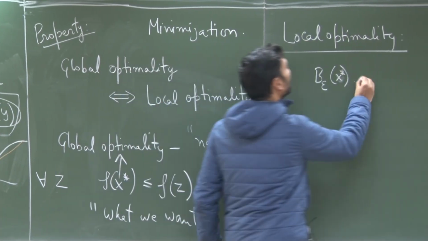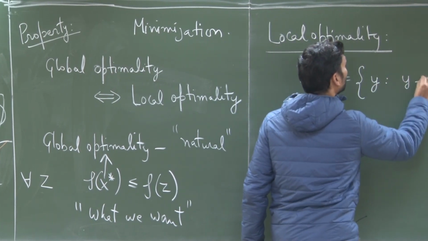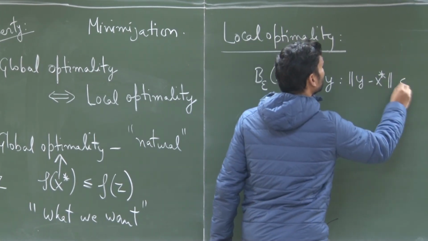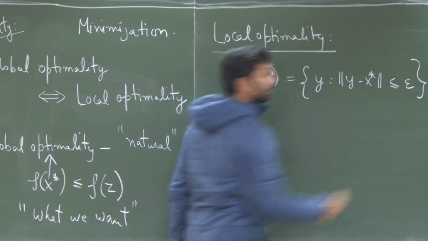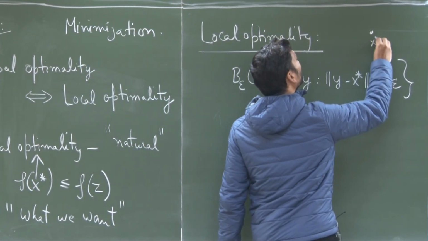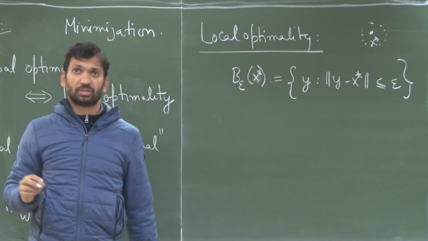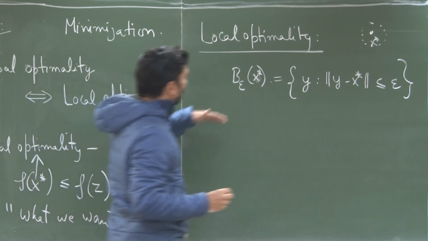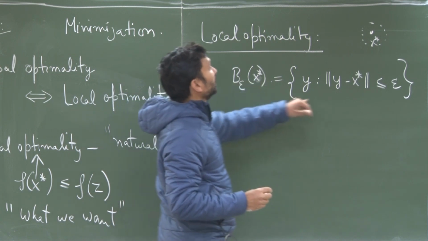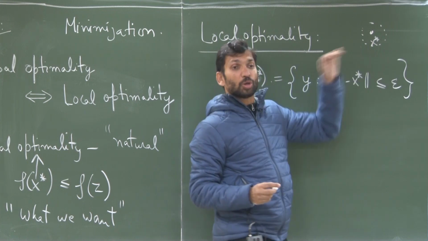This means these are all points y such that the distance between y and x star is less than or equal to epsilon. Geometrically, if this is my x star, I am looking at a very, very small neighborhood around x star. And then a point is locally optimal if there exists an epsilon such that x star is the best point, it is the optimal point in that small ball.